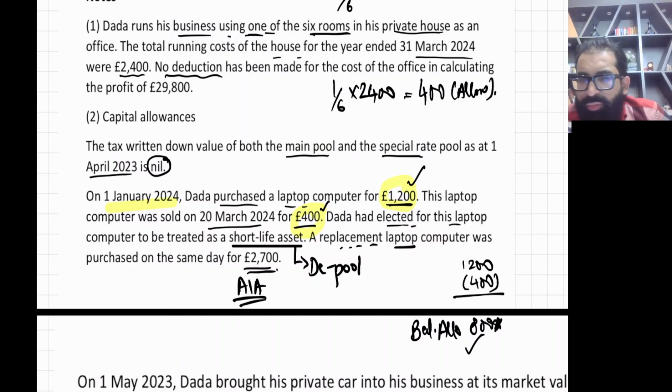So we have to get the real depreciation. Now, we bought a replacement laptop computer, and this computer is not a car. So other than cars, on all assets you get AIA. So you will get immediate 100% allowance on this 2700.